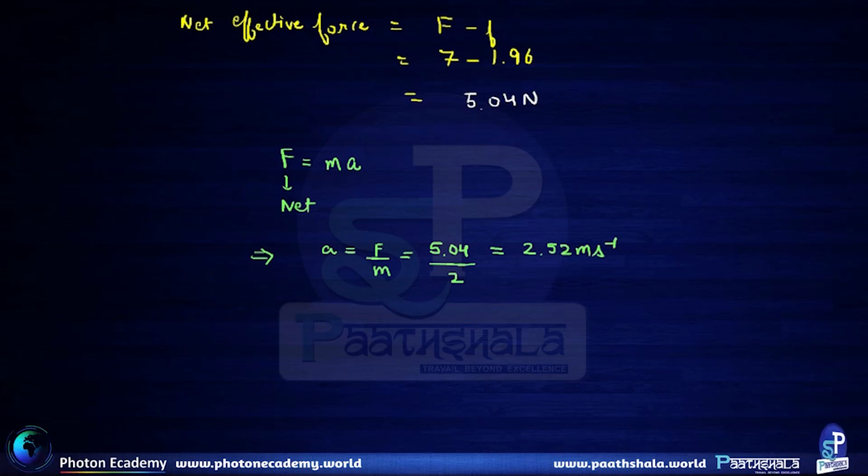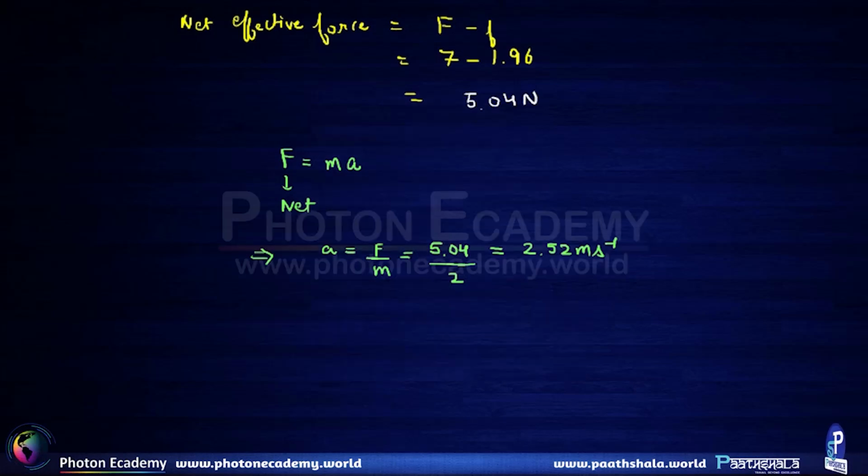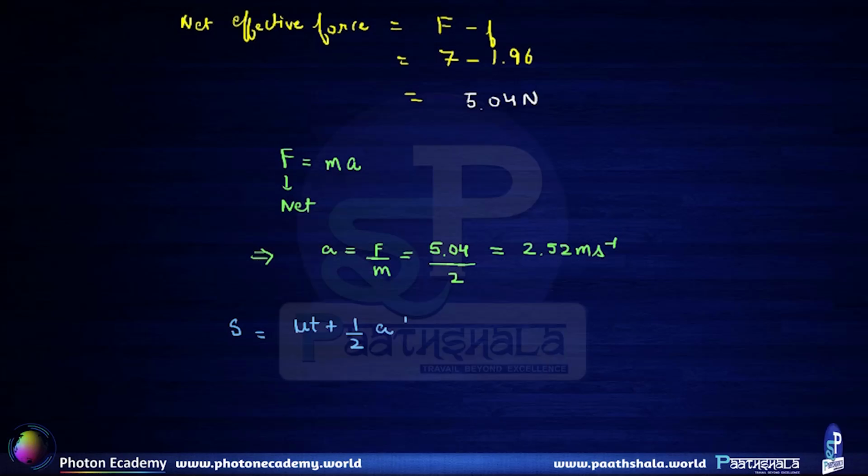So we can find the distance, that is S. We can use the formula S equals ut plus half at square. According to the question, time t equals 10 seconds, and initially the body is at rest, so u equals 0.